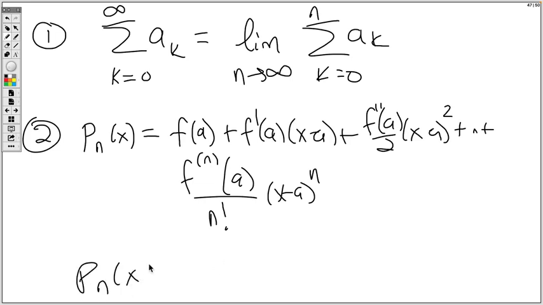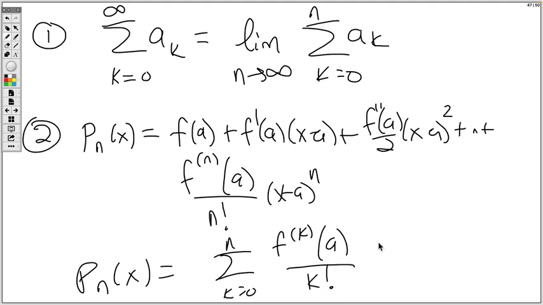So if we wrote this with the sigma notation, it was the sum k goes from 0 to n of the kth derivative at a over k factorial times x minus a to the k.